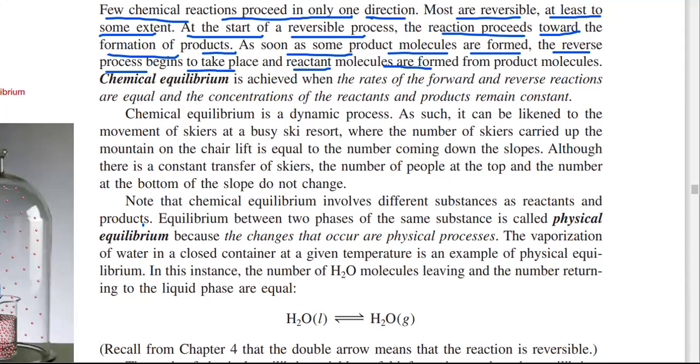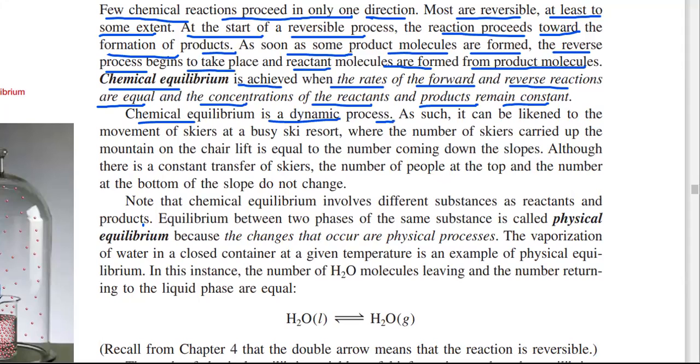and reactant molecules are formed from product molecules. Chemical equilibrium is achieved when the rates of the forward and reverse reactions are equal, and the concentrations of reactants and products remain constant. Chemical equilibrium is a dynamic process.